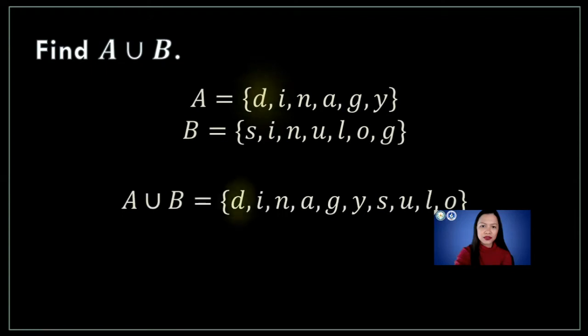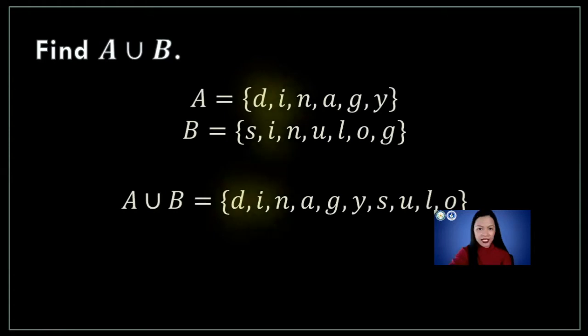Now, D must be in the union. I must also be in the union. There is no need to write I twice, even though I appears in both sets. So you just have to write common elements once.